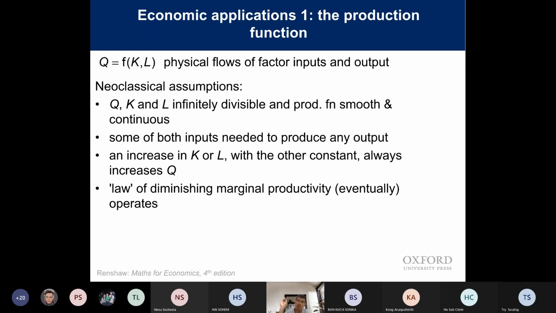Of course there are a lot of factors that determine the level of production in a single day. The first one that we may recognize is the labor force. The labor force is the main input or the main factor for production.